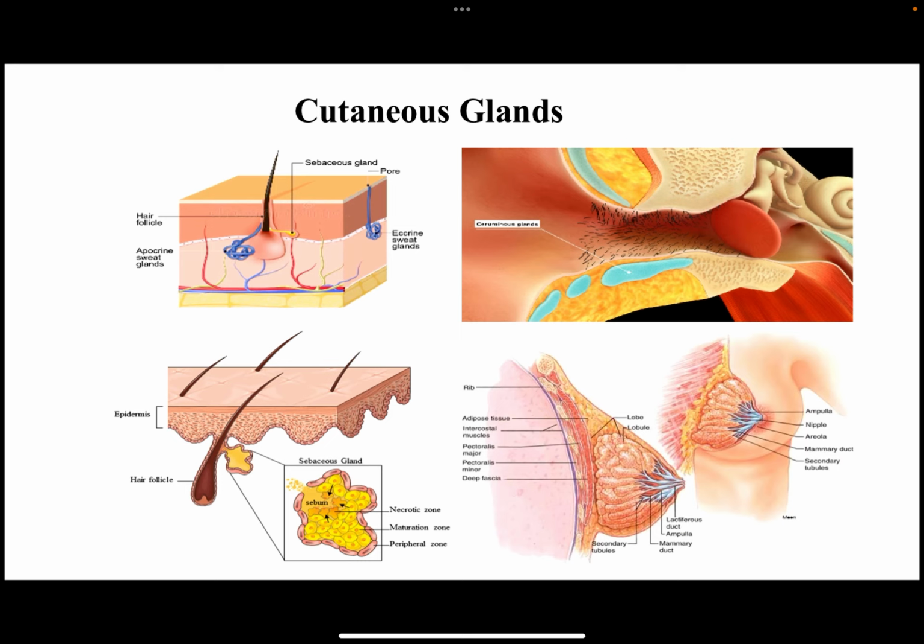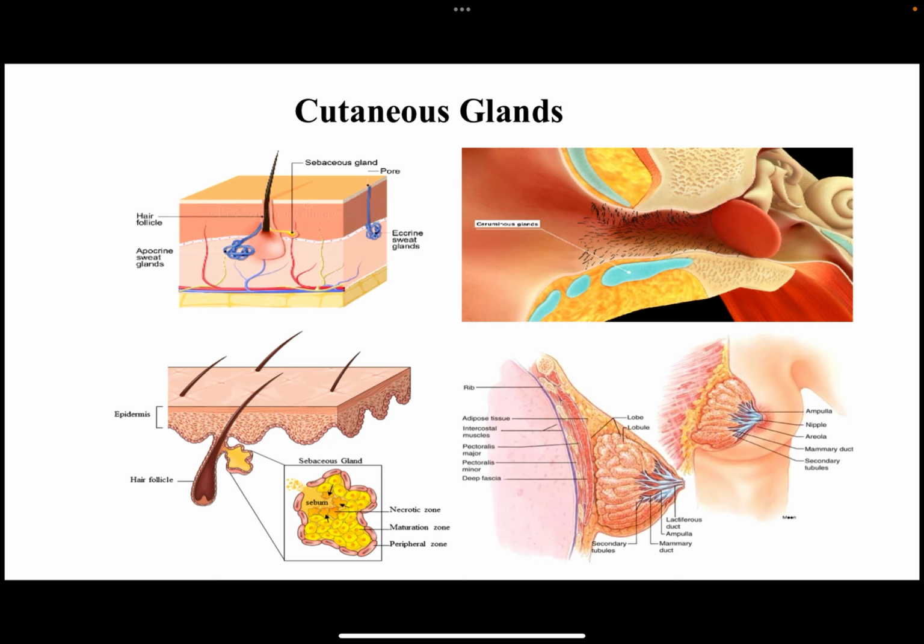They are also located in the stratum basale, the basal layer of the epidermis. Then we have the free nerve endings. They detect pain, and we call them the nociceptors. They are found throughout the epidermis.